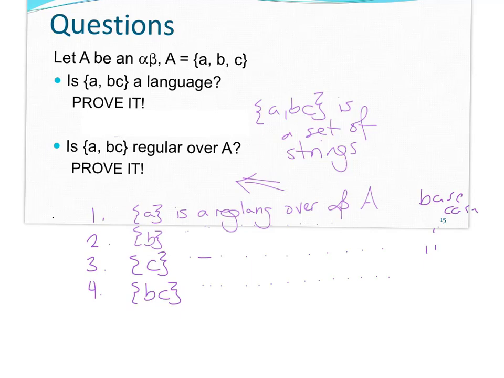Because we took line 2 and line 3, and we used the concatenation rule, right? And so finally, the set containing A and BC is a regular language over the alphabet because we combined line 1 and line 4, and we used the union rule.